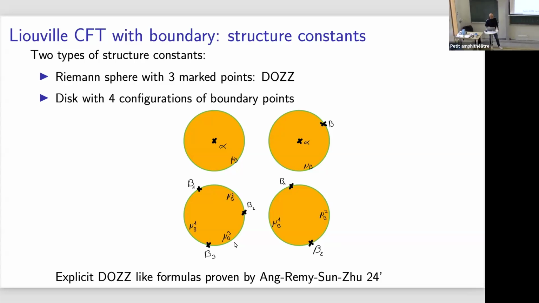Each of these structure constants takes some work to be proven, and the nice part in this story, I think, is that initially there were some probabilistic arguments coming from the Liouville CFT stuff, say.